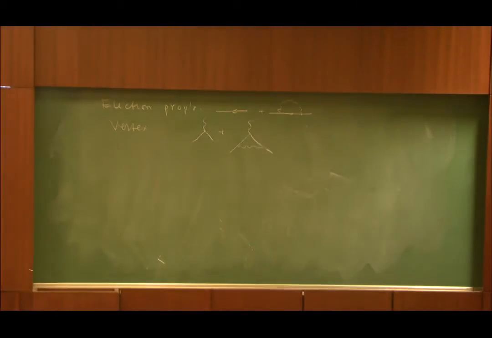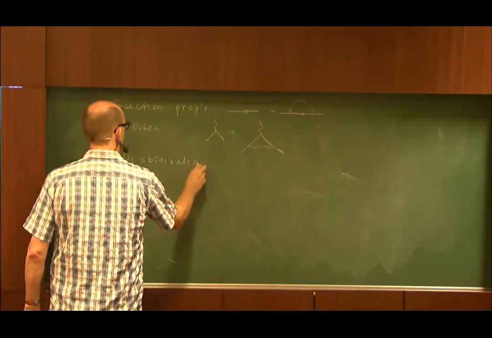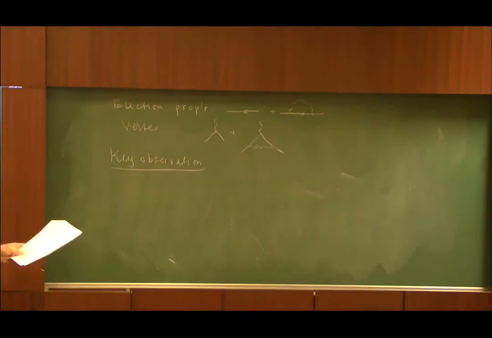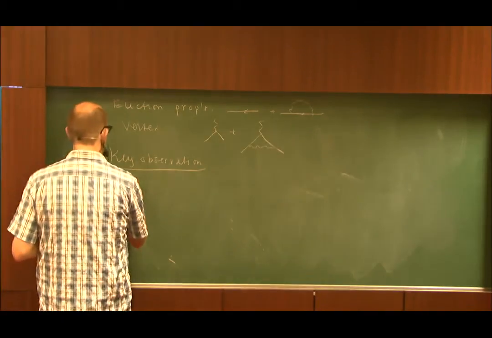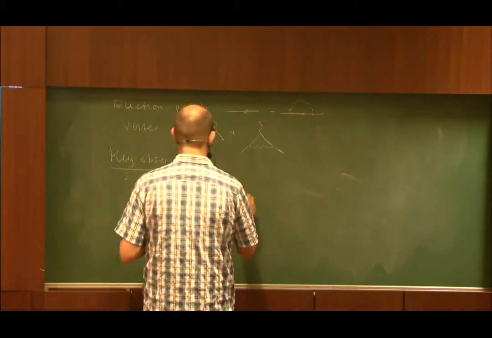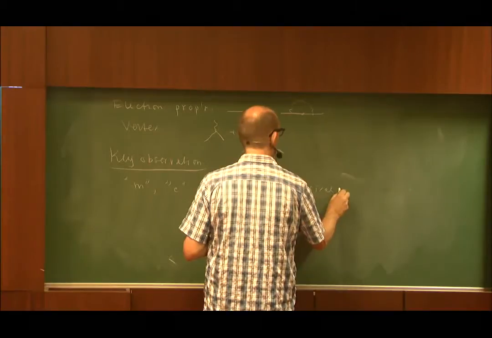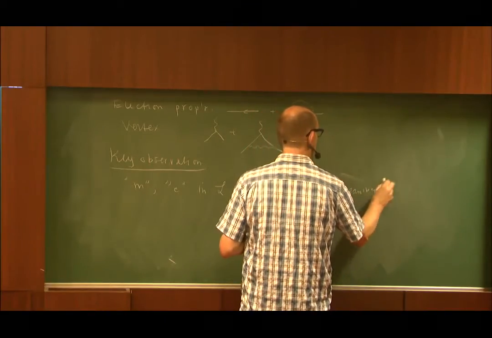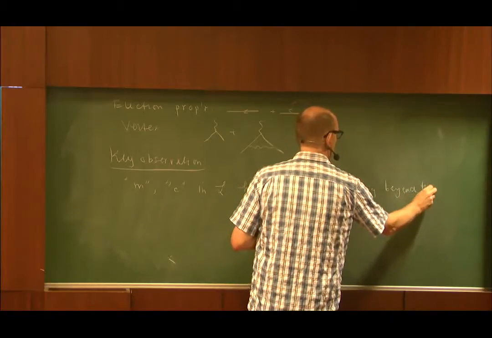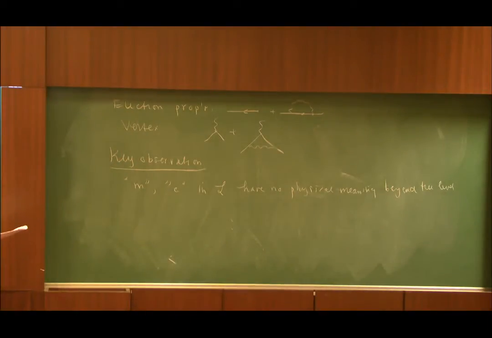So a key observation for renormalization is that m and e in the Lagrangian have no physical meaning beyond tree level. They're just parameters that have a certain suggestive name, but they're not necessarily the actual physically defined electron mass and charge.